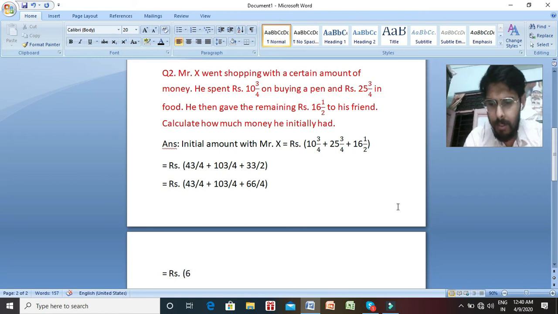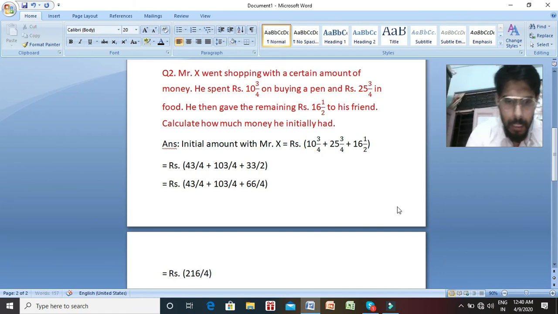That's 6. Okay. 6, 7, 9, 10, 12, carry 1. So 6 plus 1 is 7. 7 plus 4 is 11, carry 1 again. So 1 plus 1 will be 2. So 216 by 4. That should be the answer to this one.